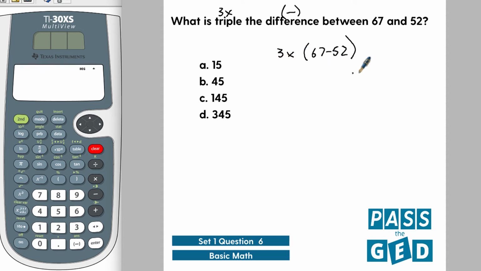So if we take 67 minus 52, 2 from 7 is 5, 5 from 6 is 1, so we get 15. So now we have 3 times 15, which equals 45. Answer is B.